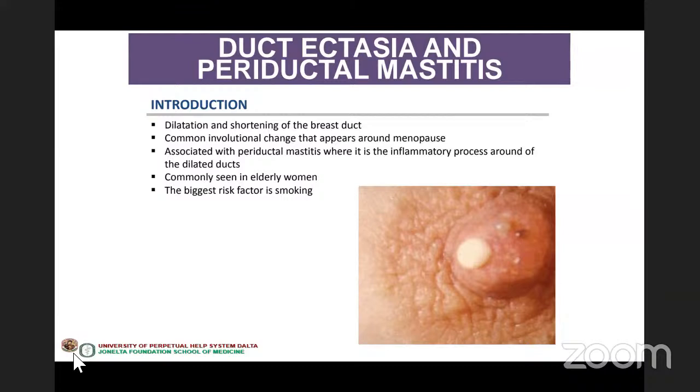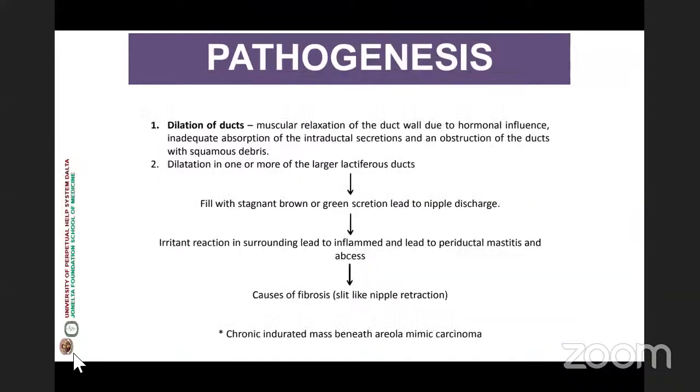Okay. For duct ectasia and periductal mastitis, investigation: ultrasound also plays a role, and what you will see would be multiple tubular structures arising from the nipples. Mammogram is to exclude malignancies.